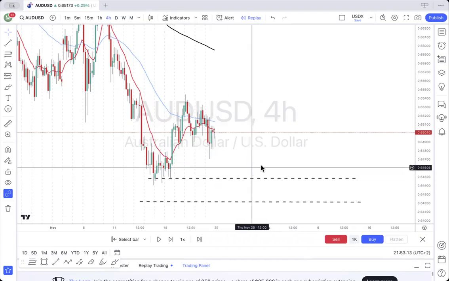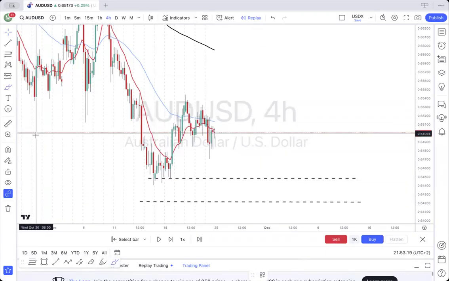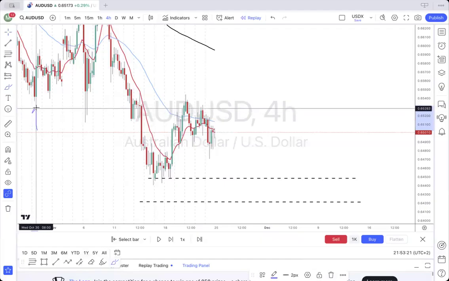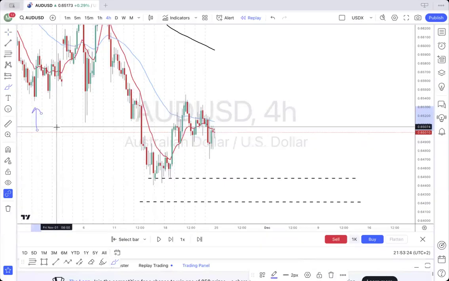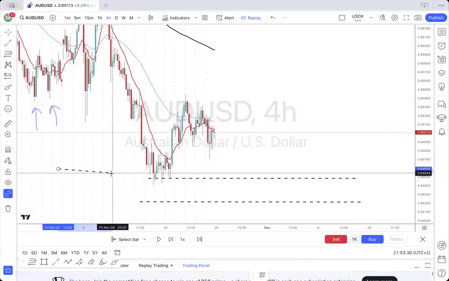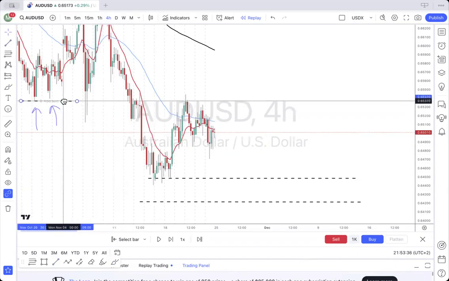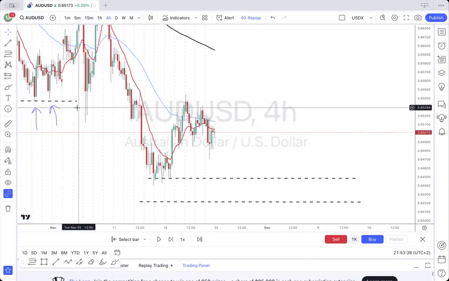The dealer has a tendency of coming back and just tapping. For example, look at this. Let's say you wanted to buy here, and this is what you saw first, and this is where price came second. If you put your line on the wick right there, it means your entry was not triggered.